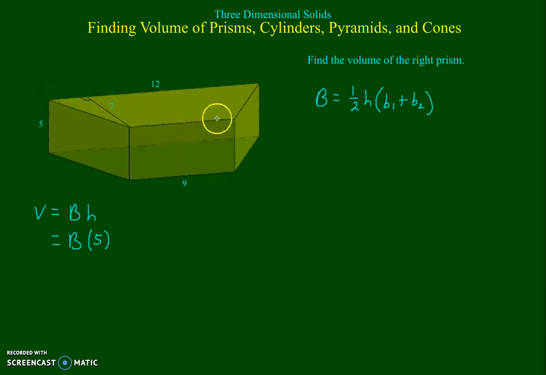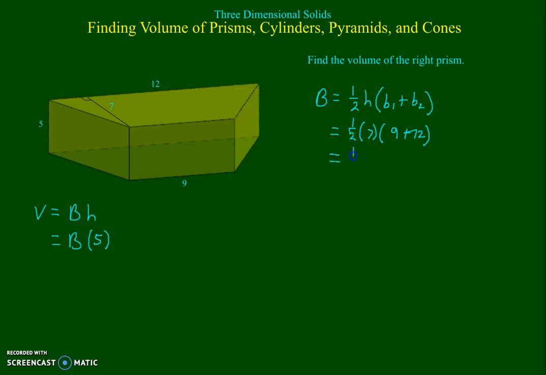So we'll call this base 1, and we'll call this base 2. 1/2 the height, which is 7, times 9 plus 12. That is base 1, which is 9, plus base 2, which is 12.